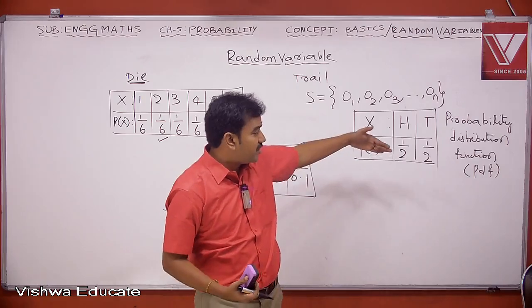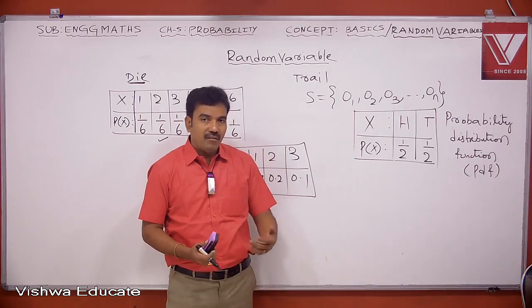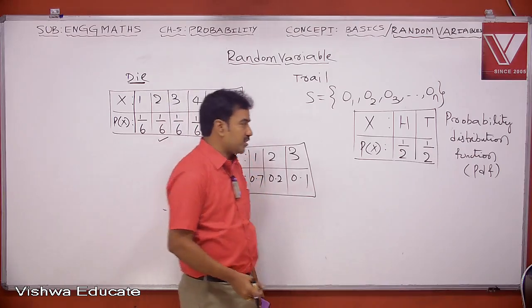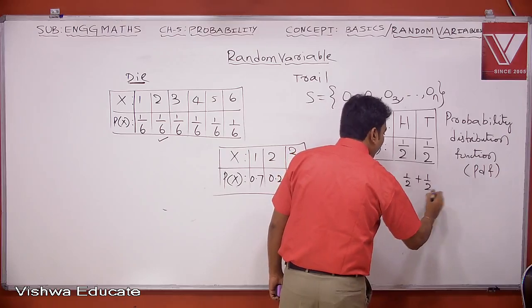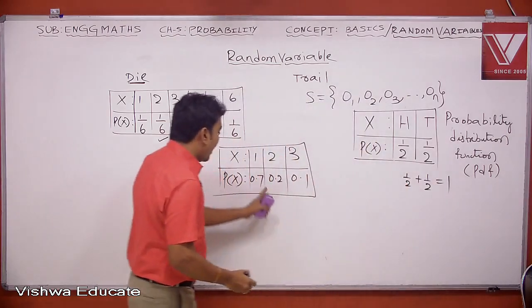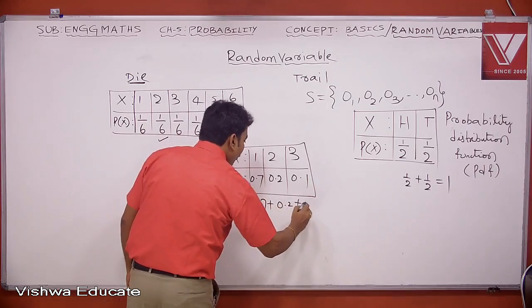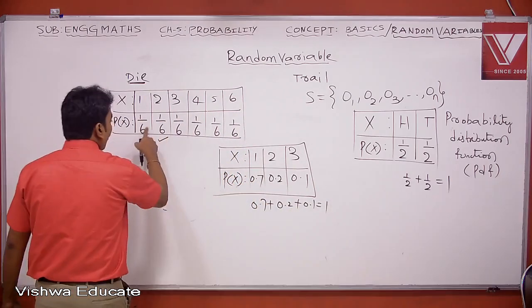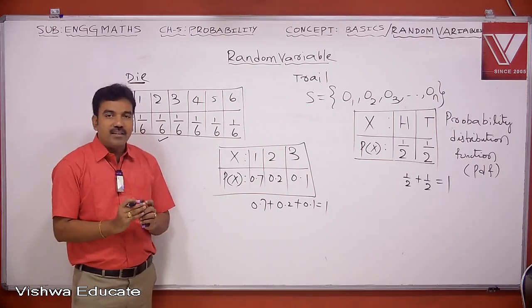And one more definition we discussed is probability distribution function. I will tell you why it is called distribution function. Add both the probabilities, 1 by 2 plus 1 by 2, you will get 1. Add all the probabilities, 0.7 plus 0.2 plus 0.1, you will get 1. So here 1 is distributing.